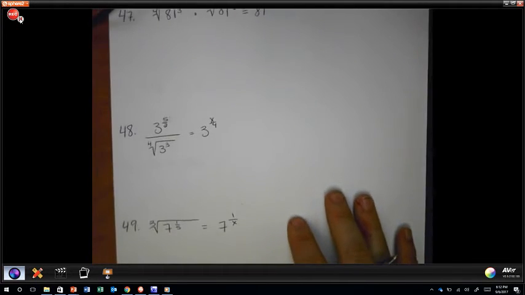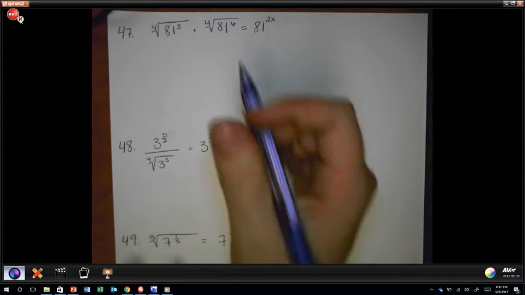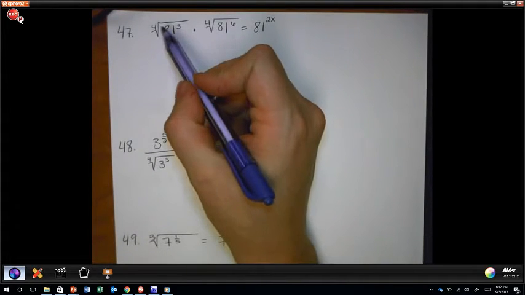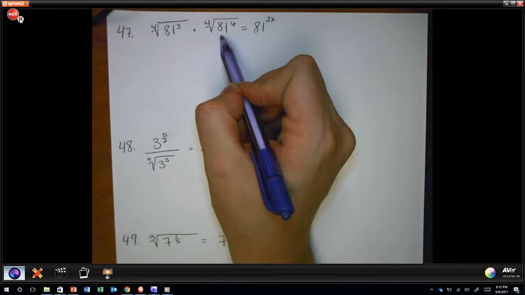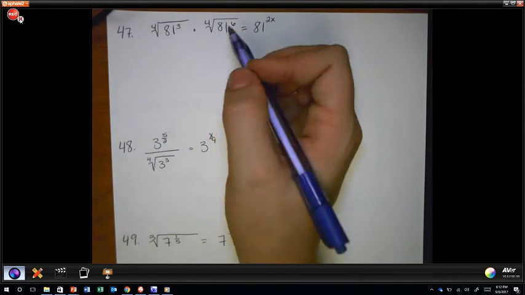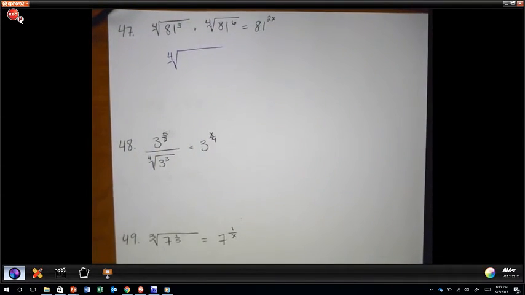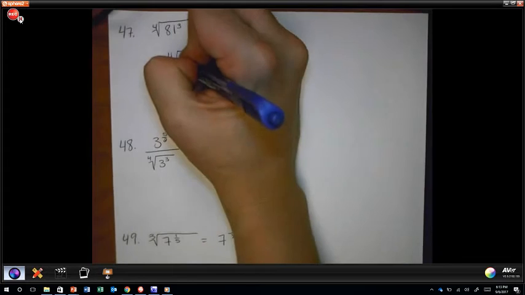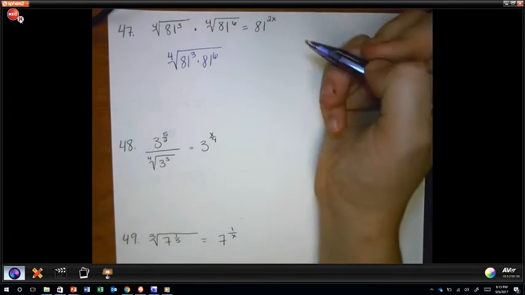The next set of instructions says solve for the value of x. If you have the same index, you can multiply your radicands. If I multiply, I still have an index of 4. And I multiply 81 to the 3rd times 81 to the 6th.